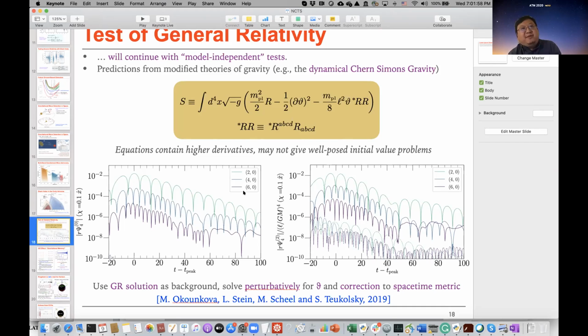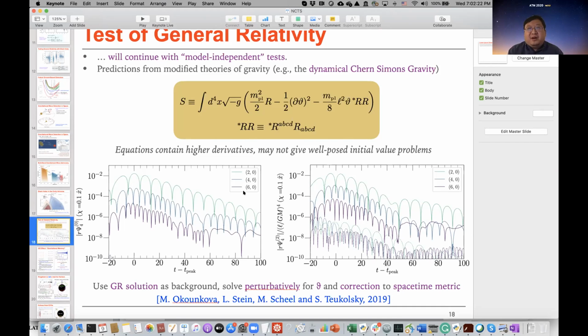You might debate what scale they would appear at. It's not clear, but on the other hand, these are terms you can add into the action anyway, and then you can predict their consequences and systematically search for deviations from the Einstein-Hilbert action.